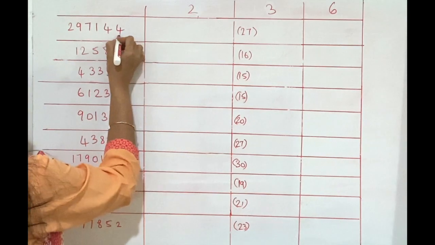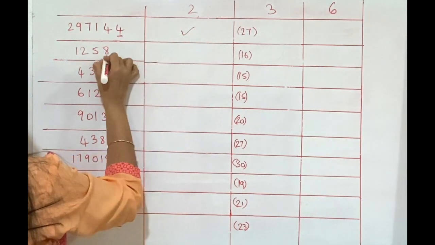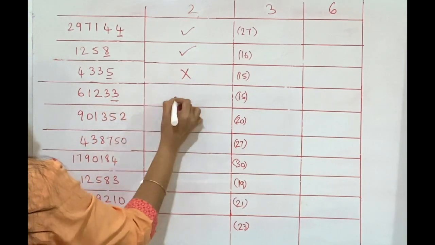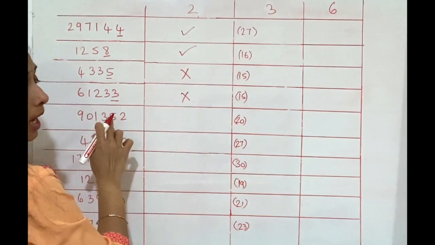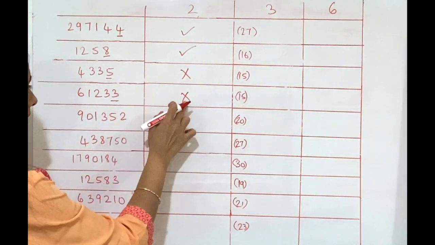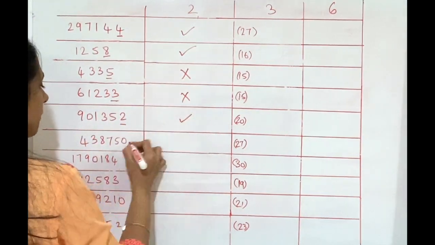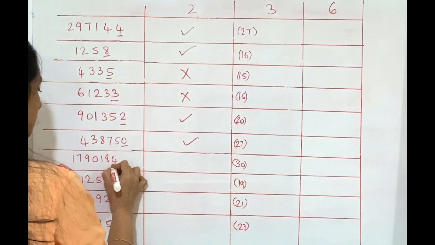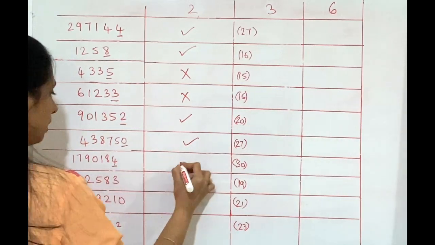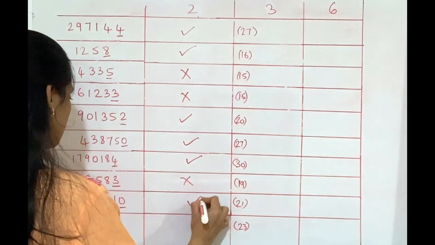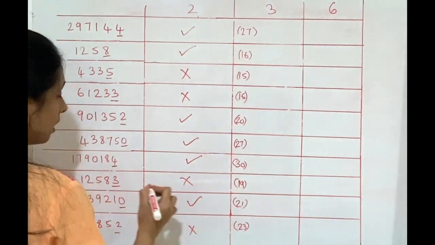Look at the ones place. 8, yes. 5, no. 3, no. So you should have an even number in the ones place, right? Otherwise I am going to put cross. Here I have an even number. Yes. 0 or an even number. Okay, yes, no, yes, and no.